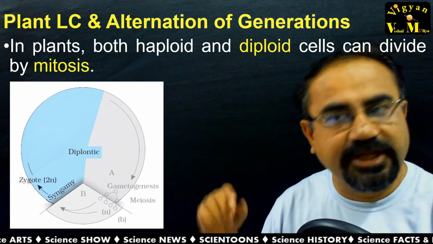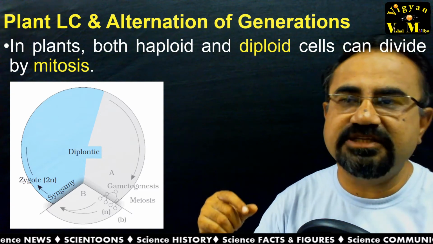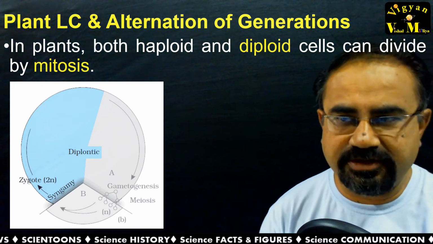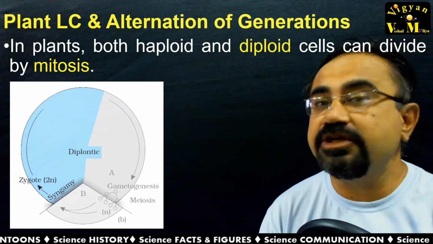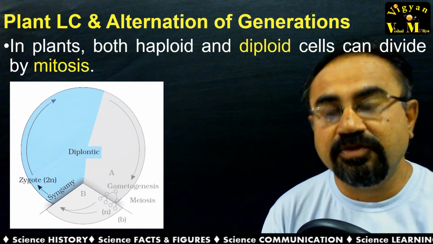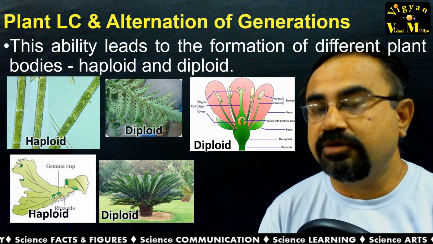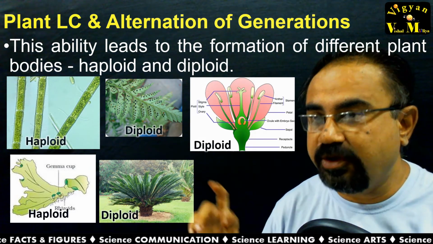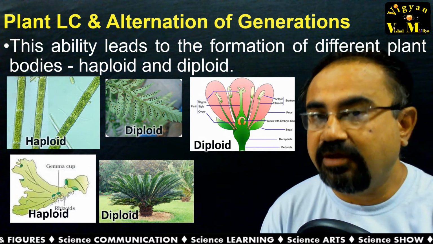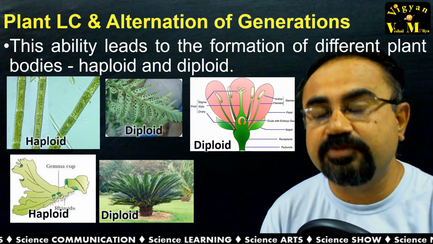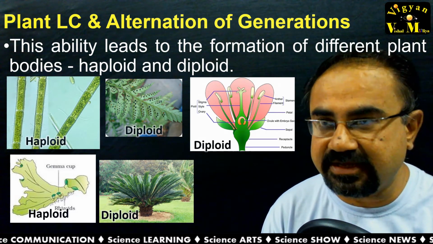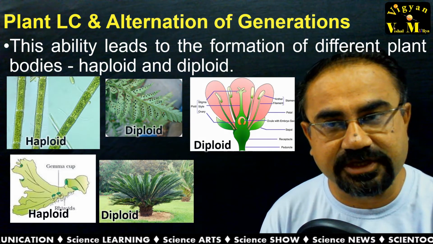Similarly, the diploid cells also go through mitosis and give rise to the sporophytic generation. The ability of the plant to give rise to both haploid and diploid bodies is producing various kinds of life cycles and alteration of generation.